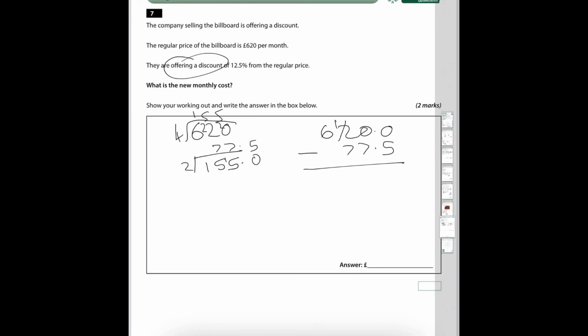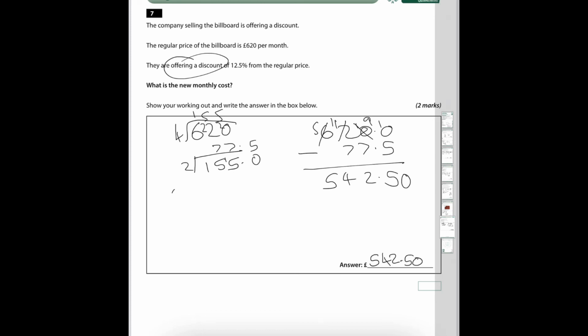So take that off. £542.50, and that's the discount. So we've worked out a quarter of 620. Halve that again to get the 12.5%.